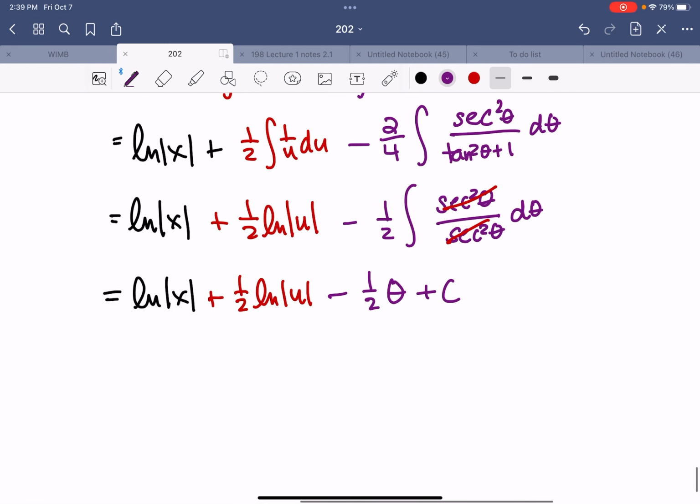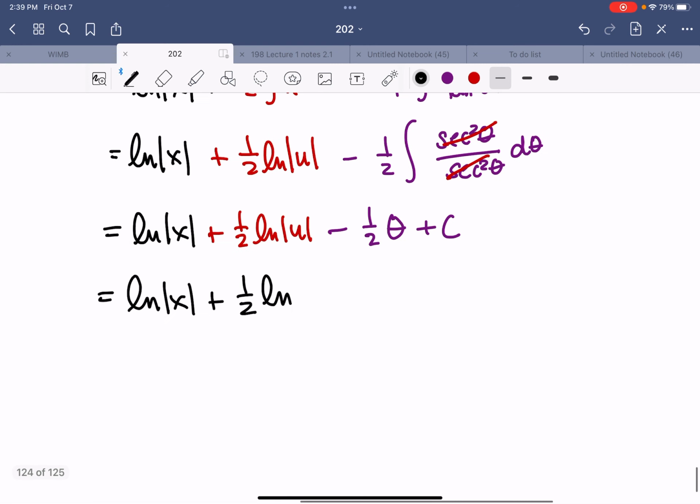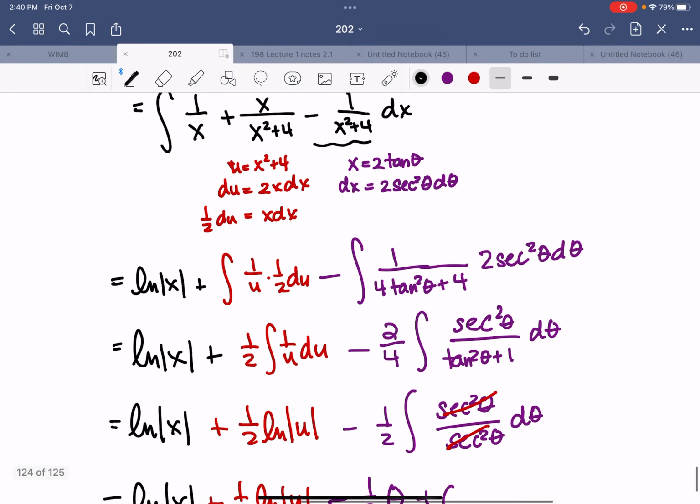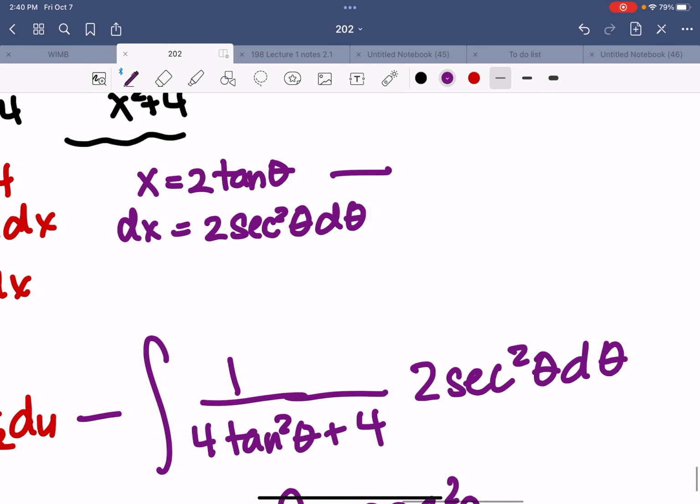So now I want to sub back. So this is the natural log of absolute value of x plus 1/2 the natural log of u, which was x squared plus 4, minus 1/2, and my theta, I'm going to go here. Let's see, x over 2 is tangent theta.